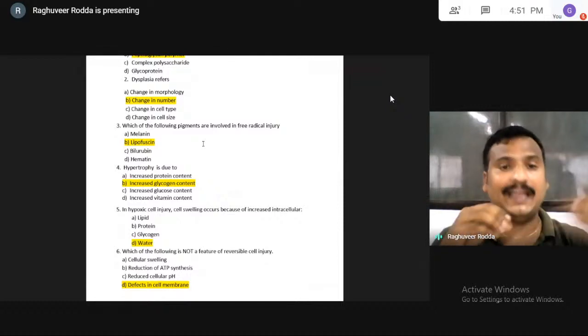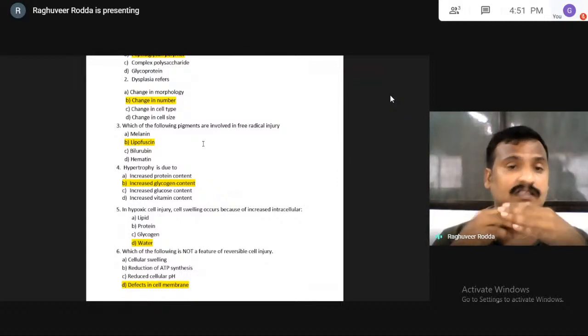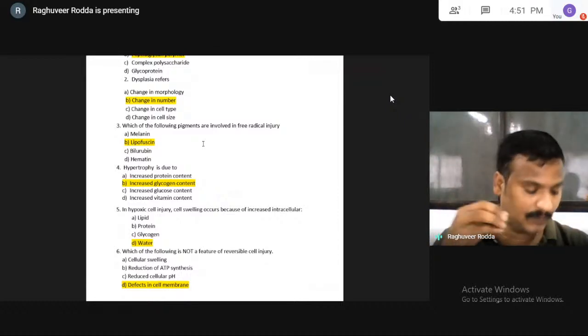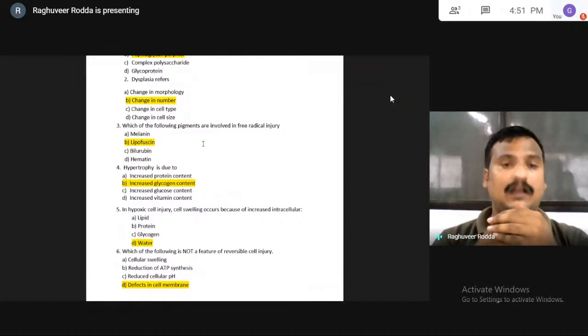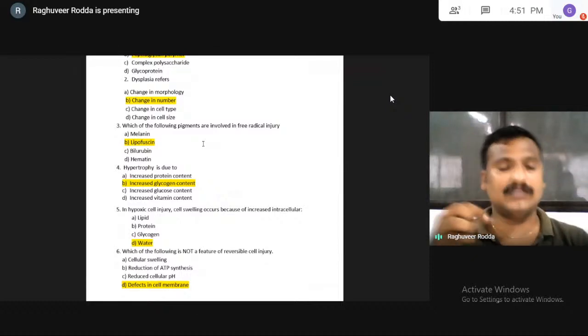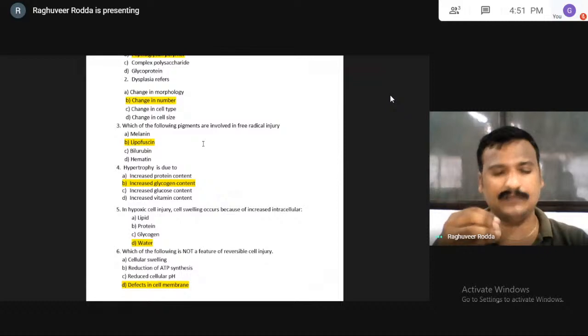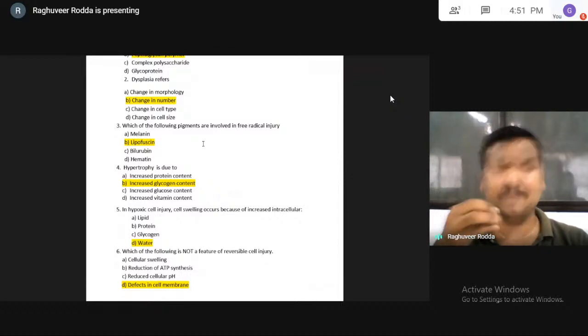There are many pigments, but pigments like lipofuscin, it is one of the compounds produced by lipid metabolism, and fusion of some lipid molecules.